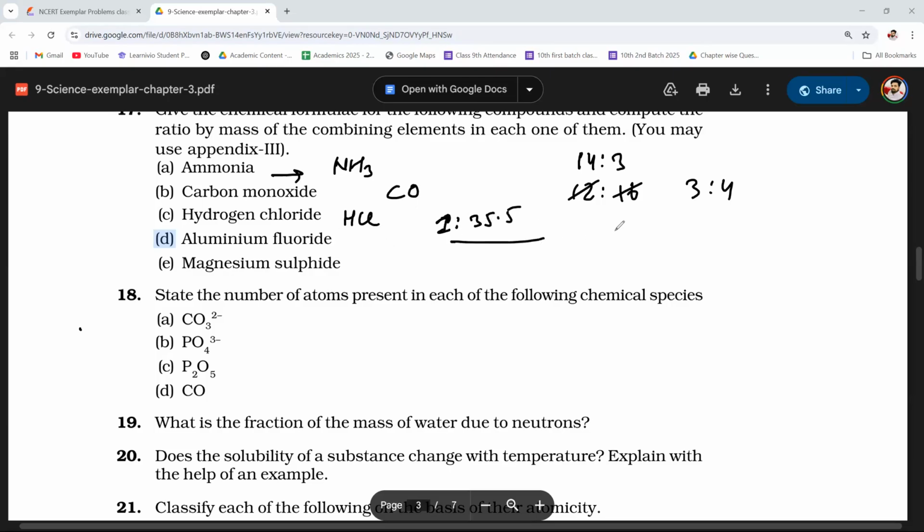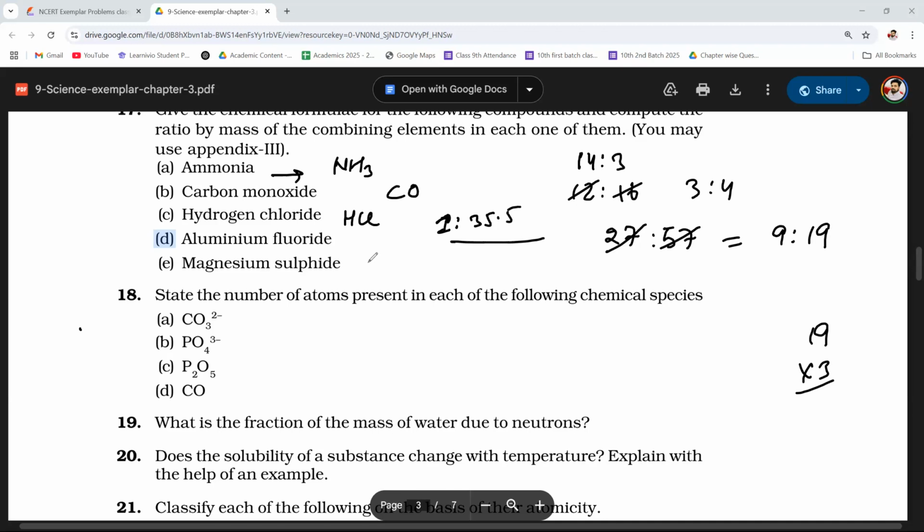Aluminium fluoride: the mass of aluminium is 27, and there are 3 fluoride ions. The mass of one fluoride ion is 19, so 19 into 3 is 57. So you write 57, but you have to cut it by 3, so you will get 9:19.